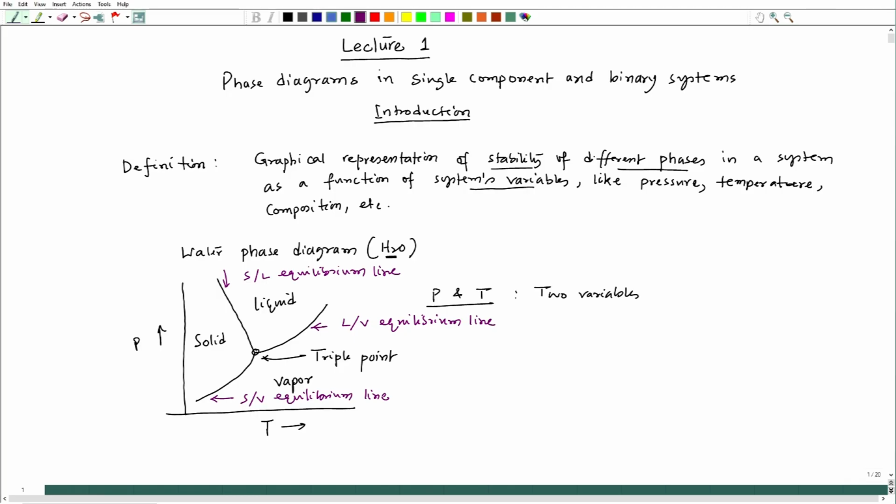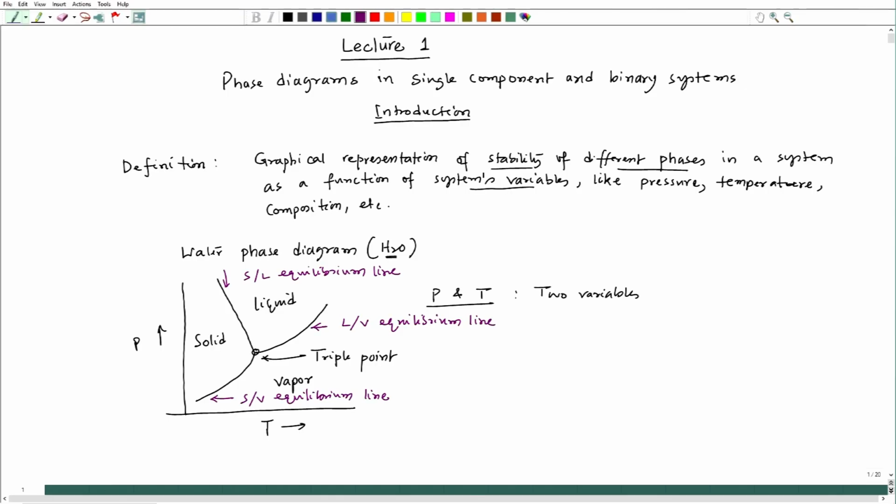And we'll learn in detail what we mean by equilibrium. It's not a very easy term, though we loosely use it, but equilibrium needs to be understood correctly. So, in the next class we will learn all those definitions, but equilibrium actually gives you the stability part. Okay. For example, if I decide on any point in this particular phase diagram, let us say I have chosen this particular point.